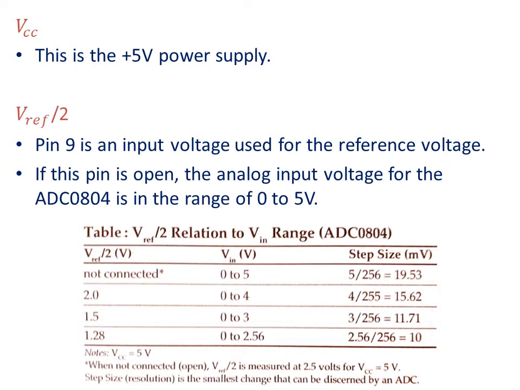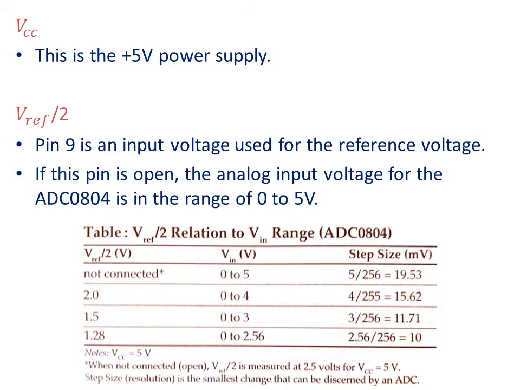The next pin is VREF by 2, that is V reference by 2. Pin number 9 is an input voltage used for the reference voltage. If this pin is open, that means if it is not connected, the analog input voltage for the ADC 0804 is in the range 0 to 5 volts, same as the VCC pin.